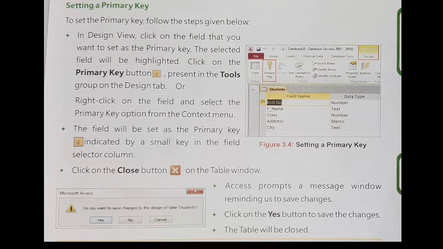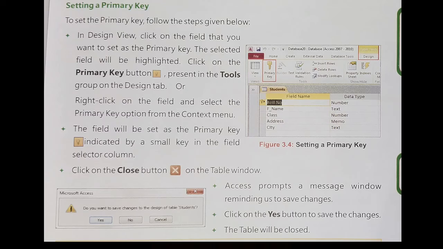So the next topic is, what is a primary key? What is the primary key and how to set a primary key on the field? Okay. So a table should have at least one field that has a unique value for each record, and it does not contain any duplicate data.